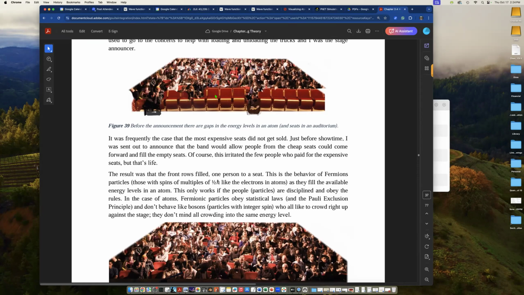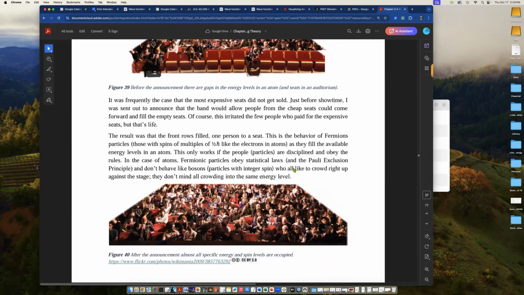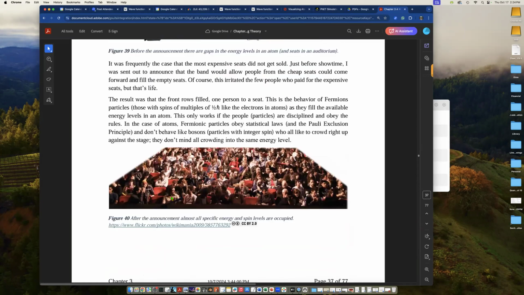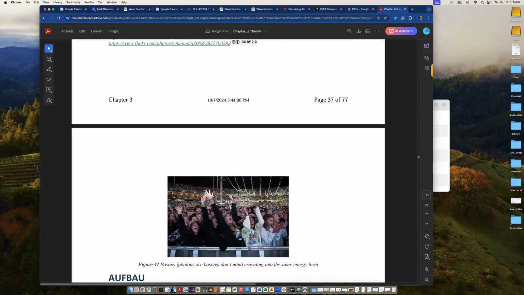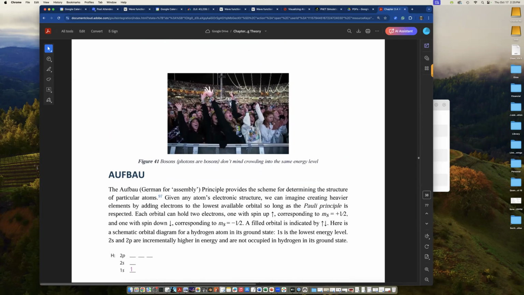Remember, quantum applies to energy level, orbital angular momentum, spin orientation, and so forth. And so we went from this situation to this situation where those empty seats got filled. The electrons behave this way. They're disciplined. They won't all try to jam up against the stage.